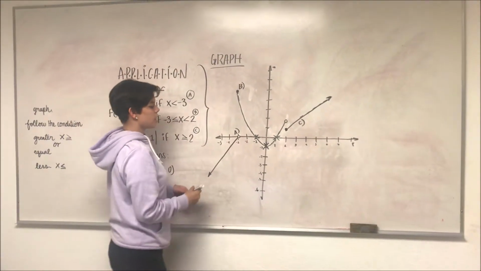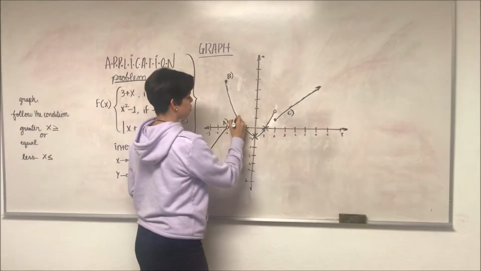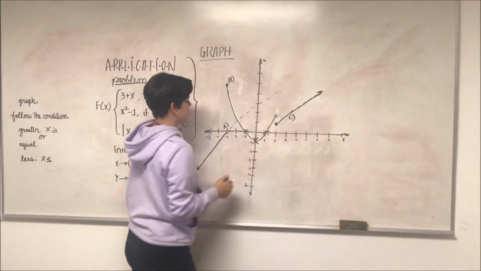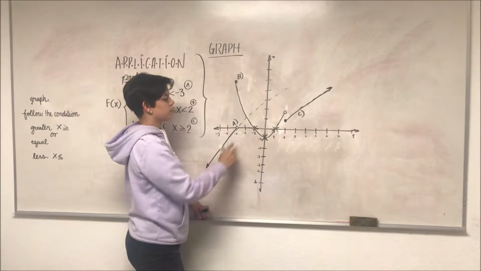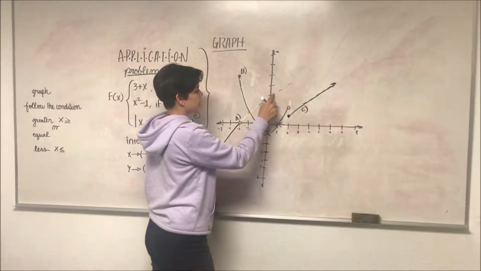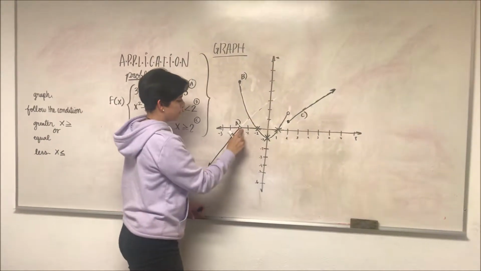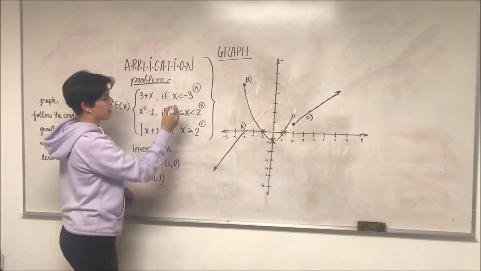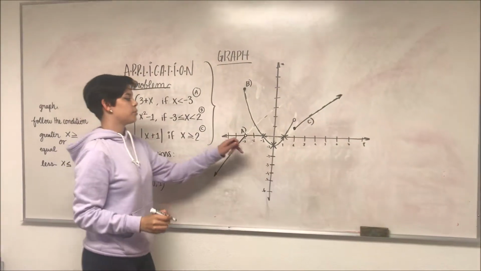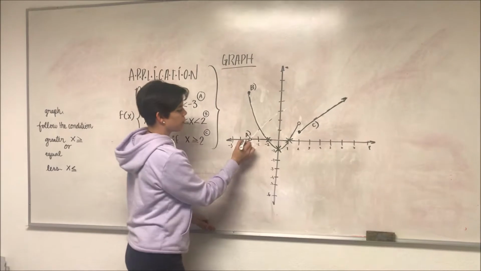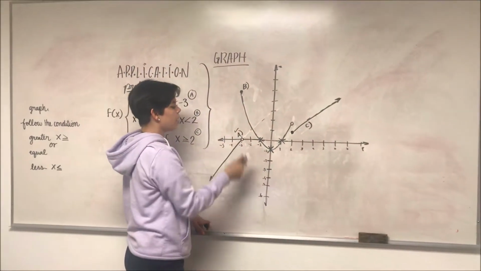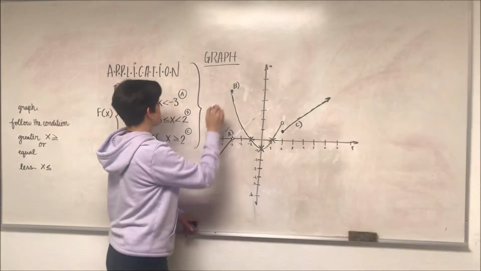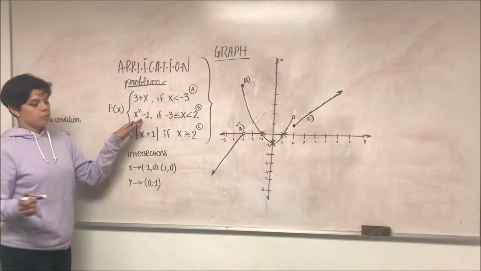Since it's linear, it's supposed to go like this. But since we only need from minus 3 to minus infinity, we just erase this here, and we just have this point. Since it is not included, it is an empty dot right here. So this is the first one, A. And now we're going to go with B, which is a parabola.